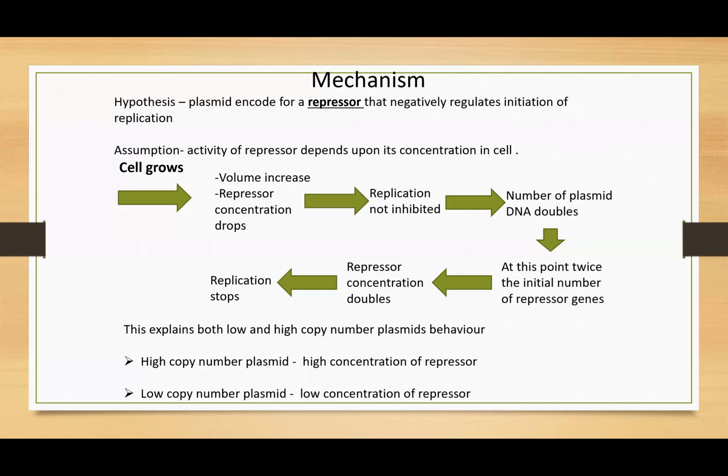And the 40 plasmids, when they make repressor, again the repressor concentration goes up, and it shuts off plasmid replication. So that's how this mechanism, which was proposed, very clearly explains the behavior of both low copy number as well as high copy number plasmids.